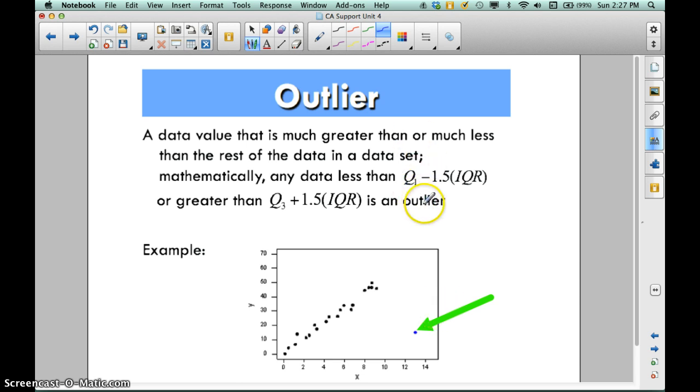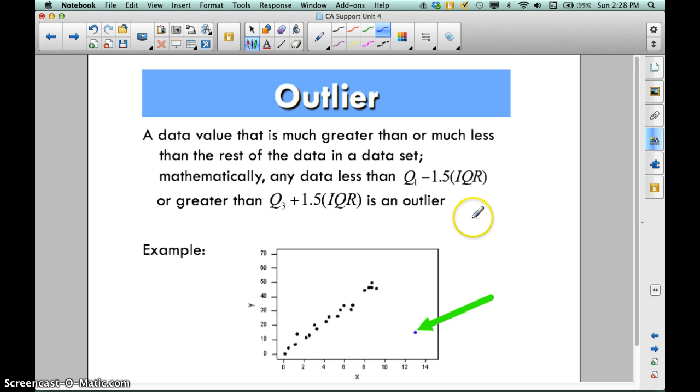You can take quartile 1 and subtract 1.5 times the interquartile range, and if your piece of data is less than that, then it's an outlier. If your piece of data is bigger than quartile 3 plus 1.5 times the interquartile range, it's also an outlier.